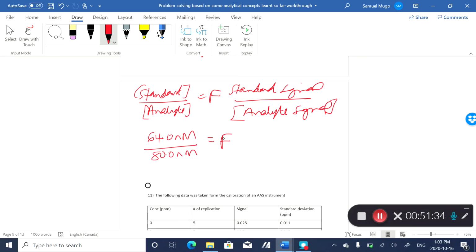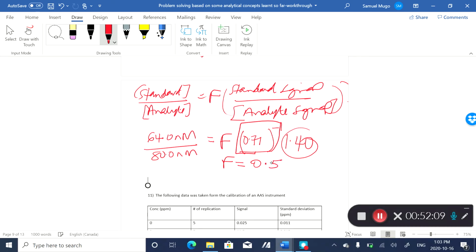The standard signal and the analyte signal are already given as 0.71, but remember it's an inverse. Whatever is given is the inverse. So when you get this inverse, it's 1.40. So the standard signal divided by the analyte signal is actually 1.4. So you get the F, the response factor. When you calculate, you're going to see 0.571.